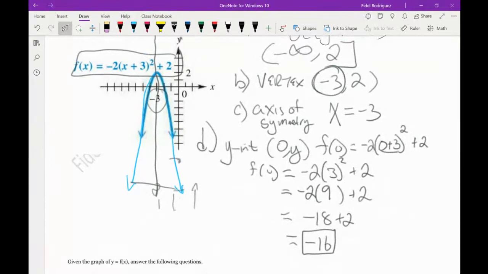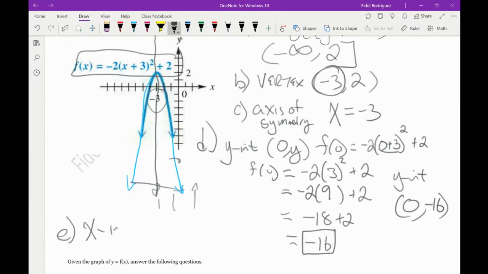So, again, the y-intercept, y'all, is a point. When x was 0, we came up with -16 for the y number, okay? All right, and we're almost done.